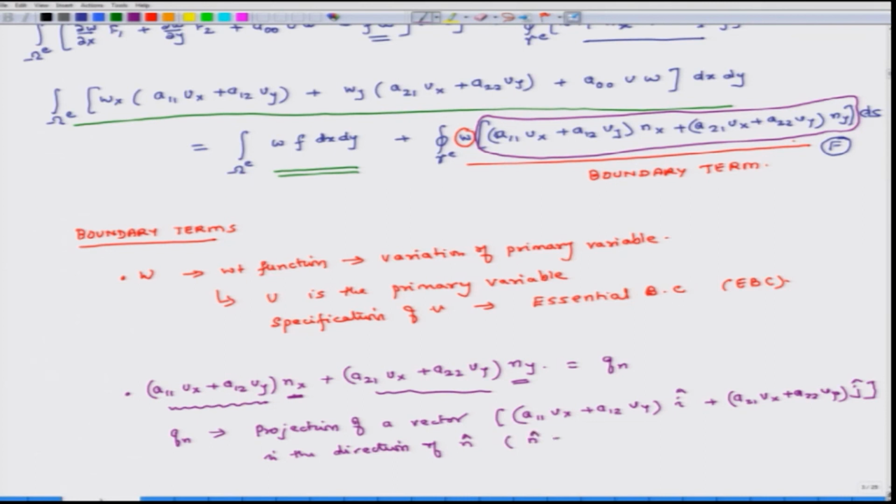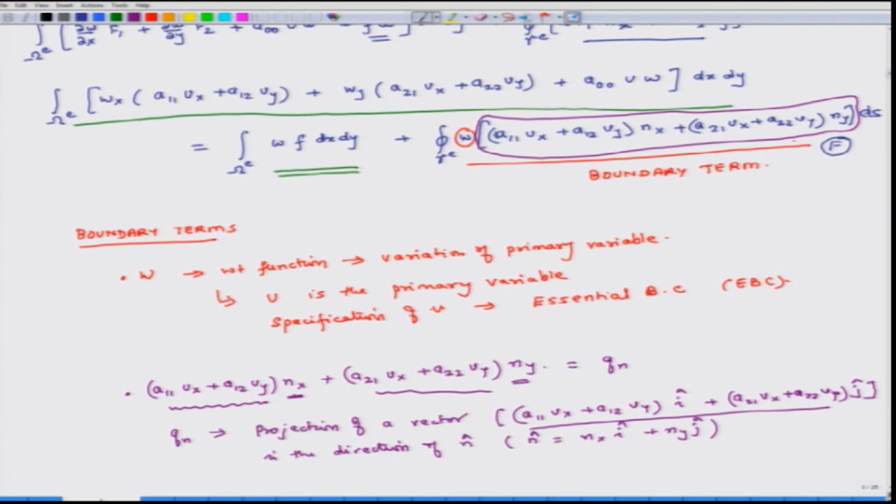Because n is Nx i plus Ny j, right. Then when I project it, I will get this same thing Qn. If I take a dot product of this vector and this unit normal, then I will get Qn.